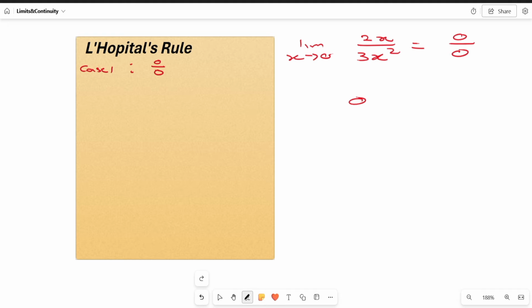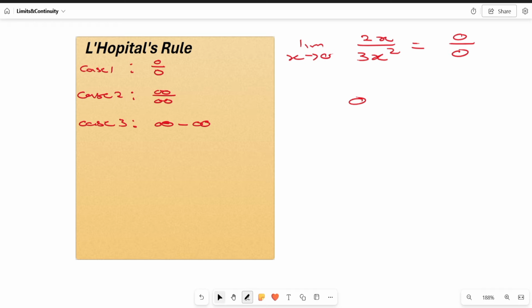So you have case number 1, and then you have case 2, and in case 2 that is when you have infinity over infinity. And then in case 3, this is when you have infinity minus infinity. Yes, this is even possible.